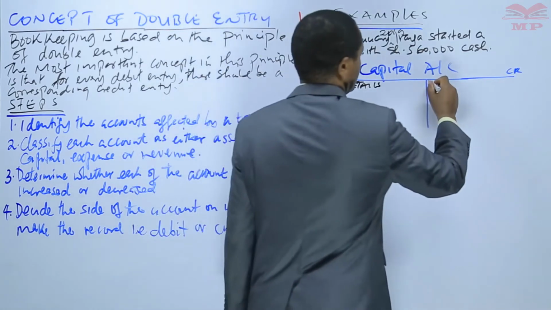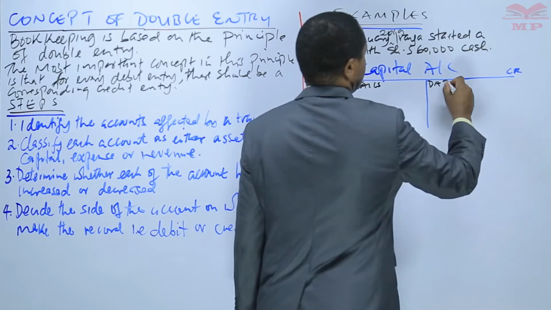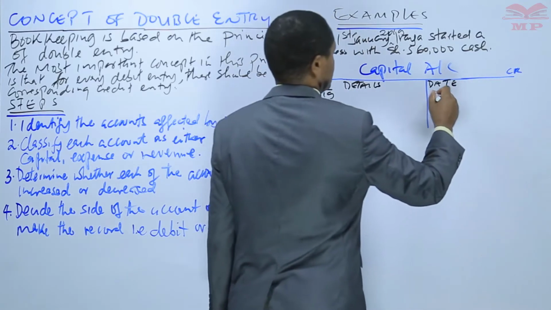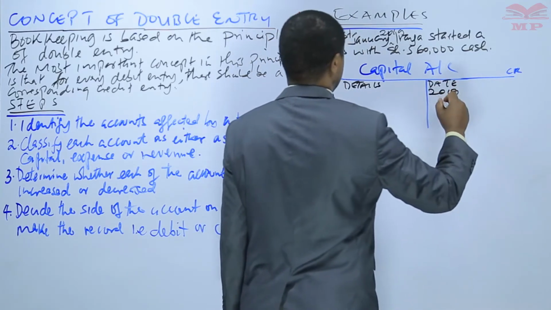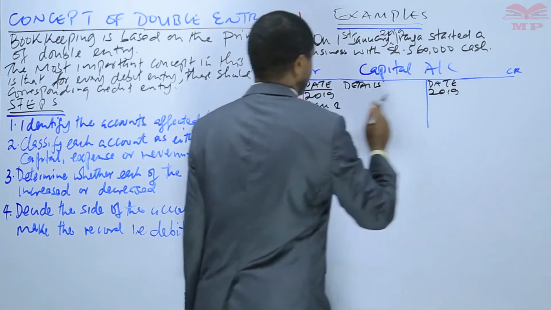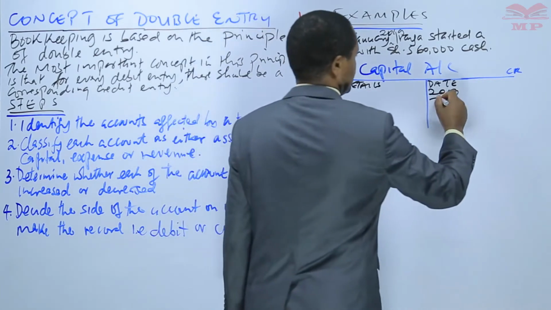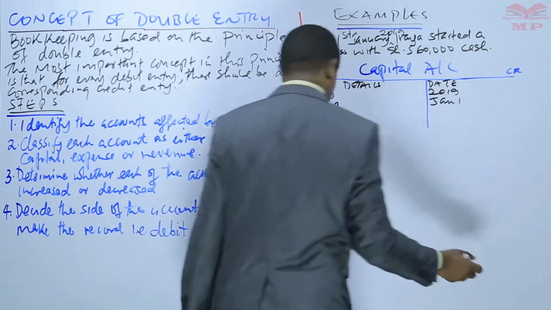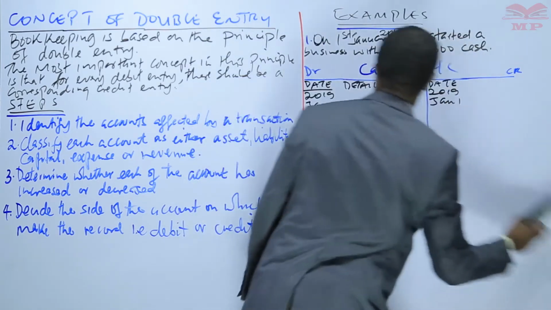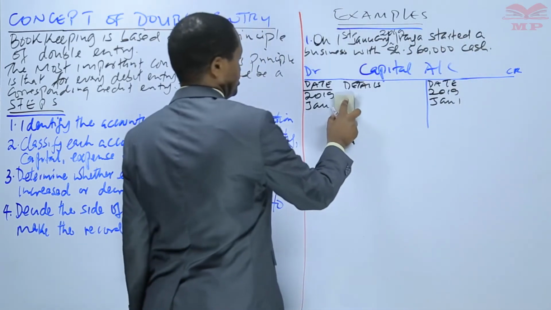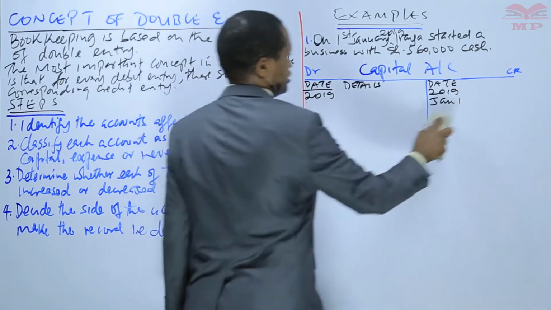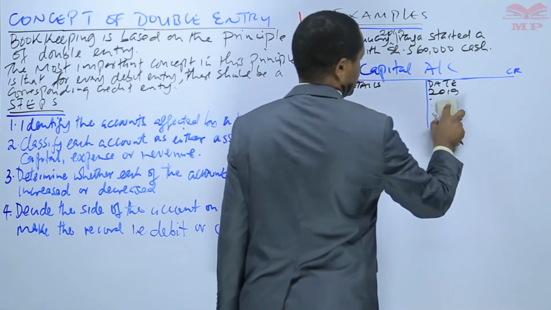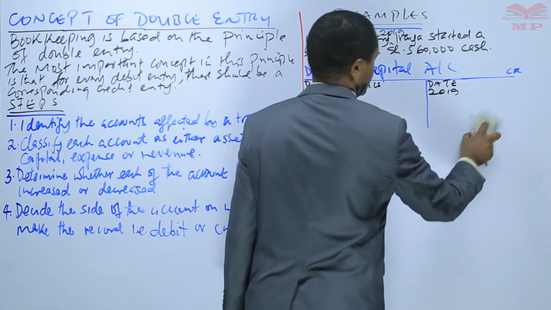On the other side, you'll also have the column for date. This is 2019, January 1. So that is just an account showing the year. We'll put the dates when recording.